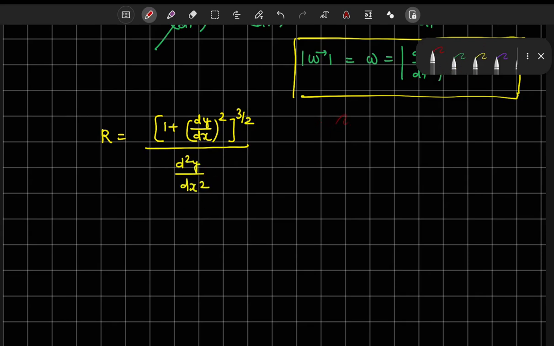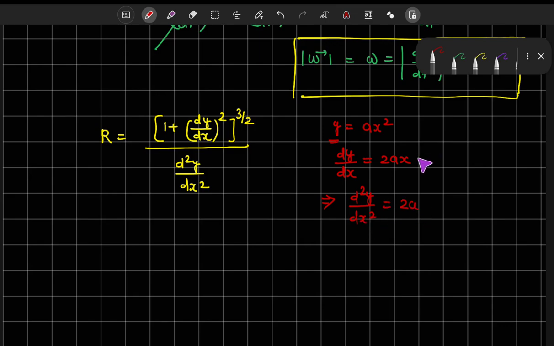And we know the trajectory is y equals ax². Let us differentiate y with respect to x, so we get dy/dx equal to 2ax, and then if we differentiate it again, we get d²y/dx² equal to 2a.